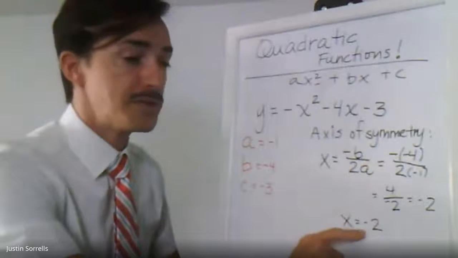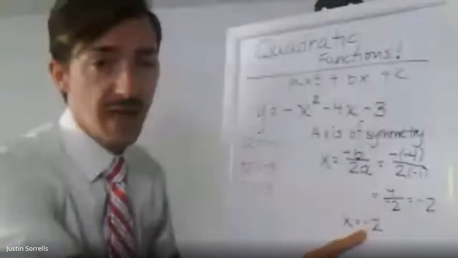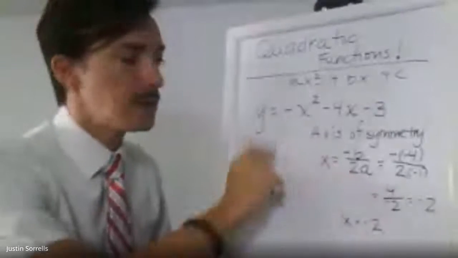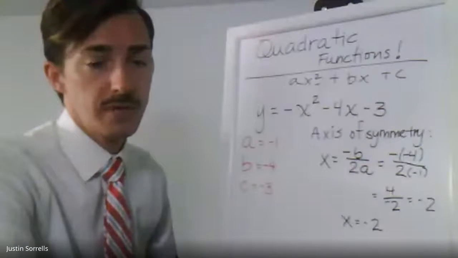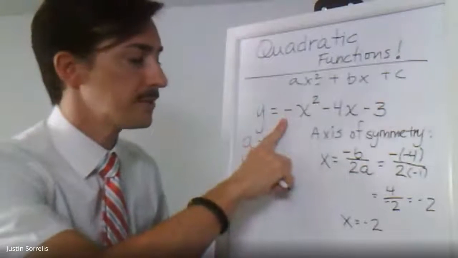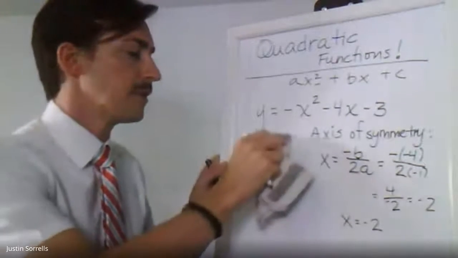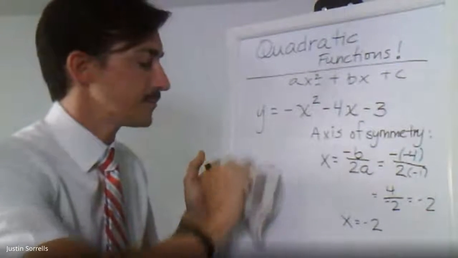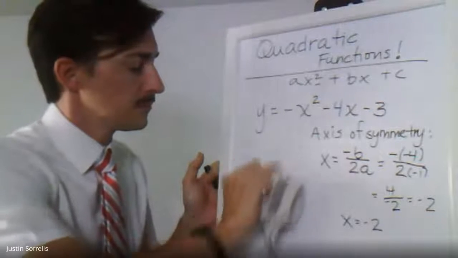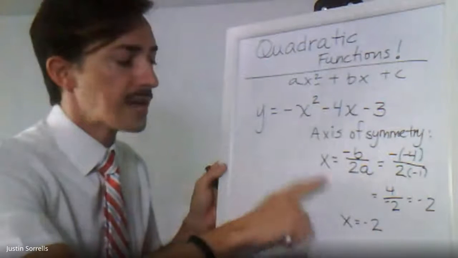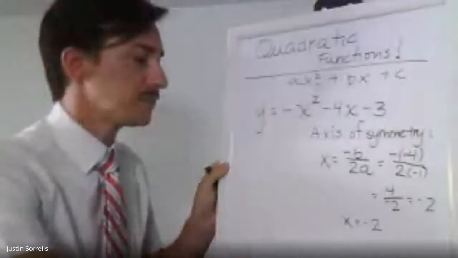Now, we're going to use this value of x to substitute back into our quadratic equation and solve for y to find the vertex, okay? I'm going to erase these values here. We know the axis of symmetry, x equals negative 2.